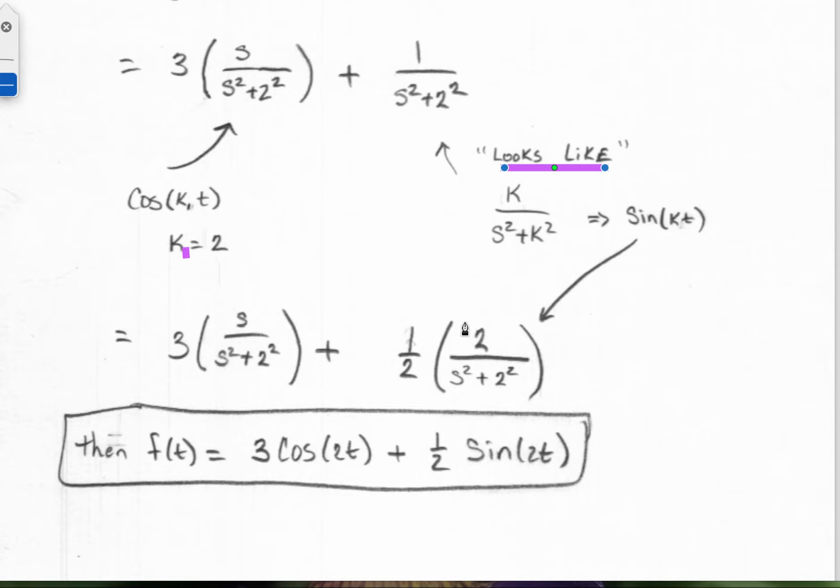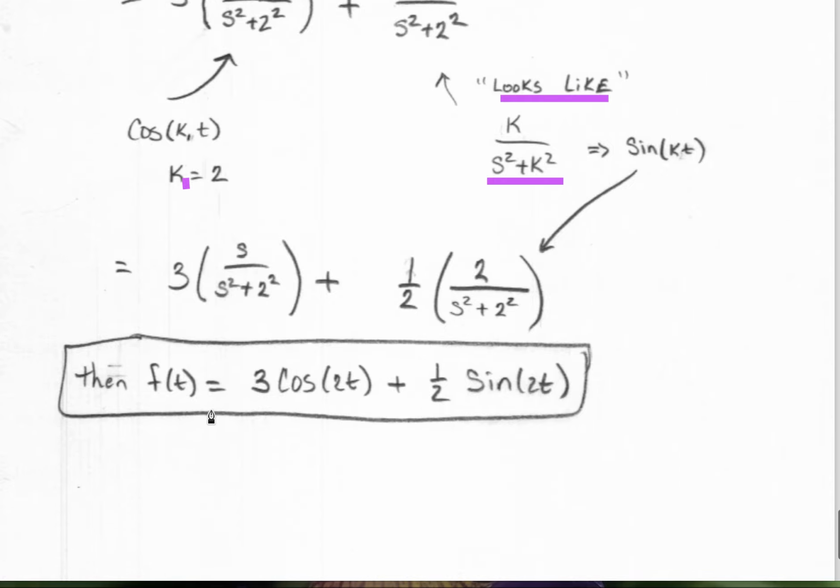But I had to multiply the whole thing by 2 over 2 in order to force this part into the k over s squared plus k squared form. It was close to it, it looked a lot like it, but it wasn't exactly it. So I forced this to become this form, but in order to force it, I had to multiply this little part over here by a half.